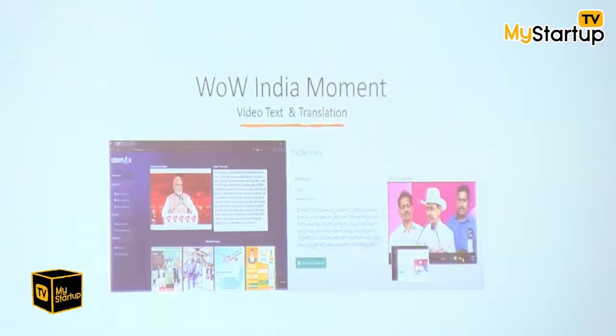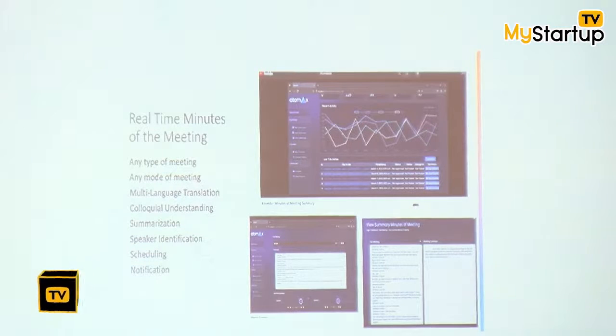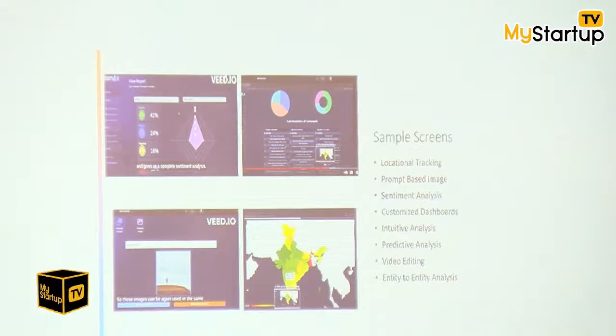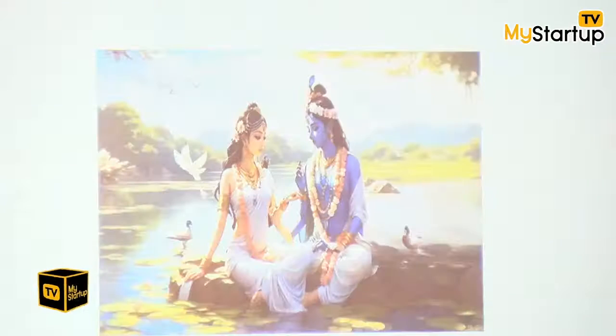This is the Wow India movement, scraping the data from various web sources, web points, then we clean that. And this is a snapshot of a sentiment analysis of a political party. And these are completely 100% generative AI images made by giving a prompt.